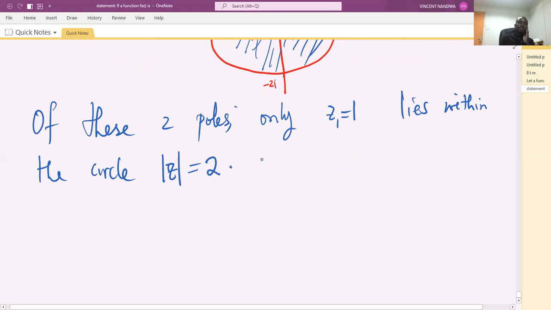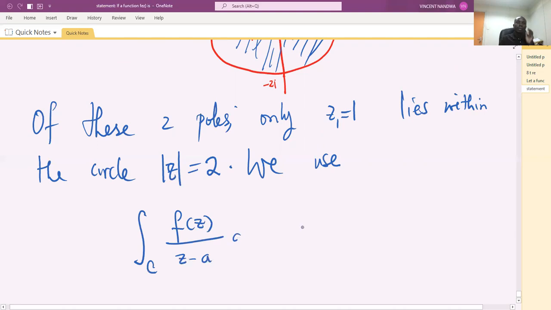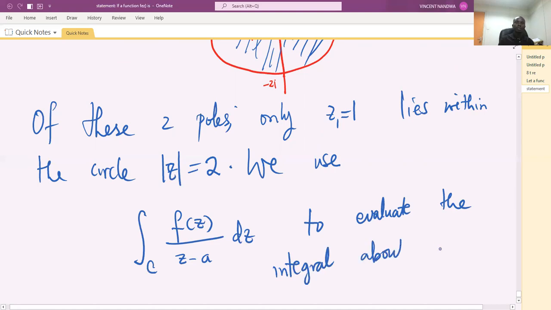So we use this formula, the integral along C of f of z over (z minus a) dz, to evaluate the integral about this point z equals 1.